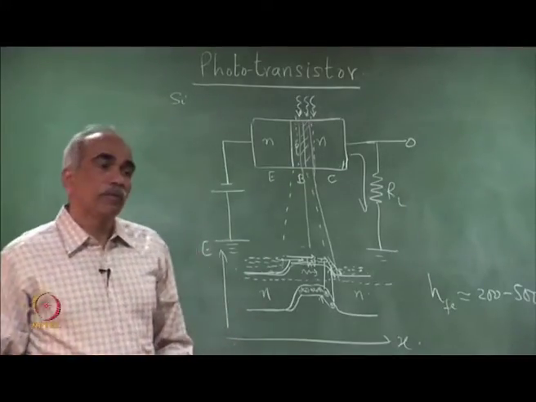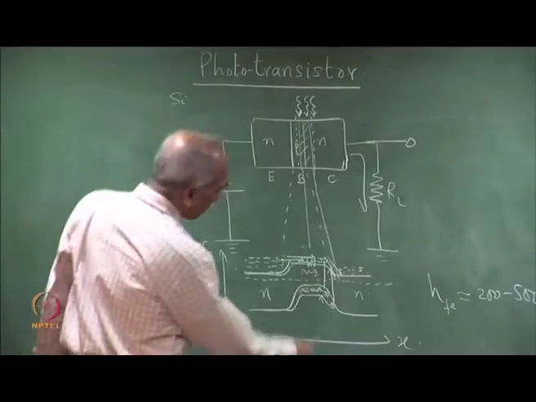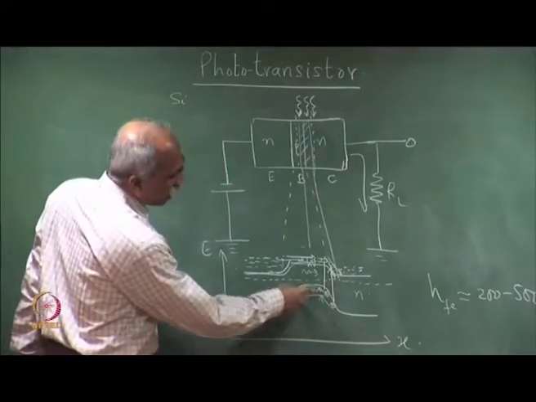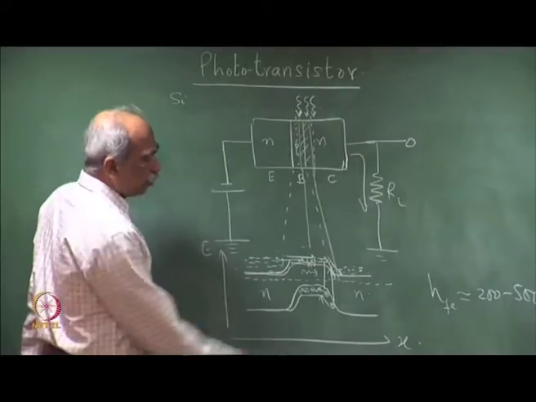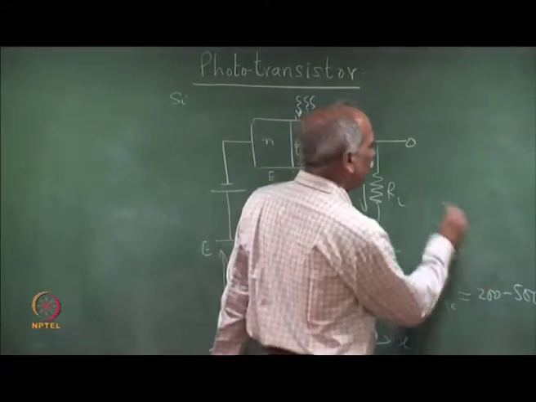Pin diodes are very fast, reverse biased pin diodes, because there is accumulation of charge in the base region in the phototransistor. So, these are the two demerits.